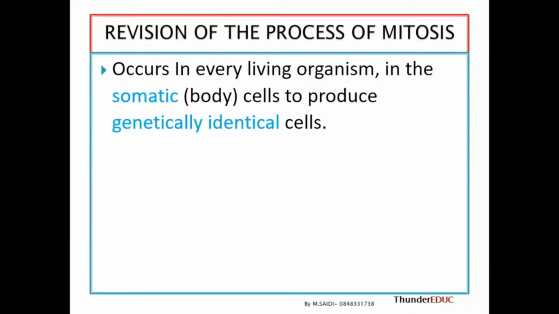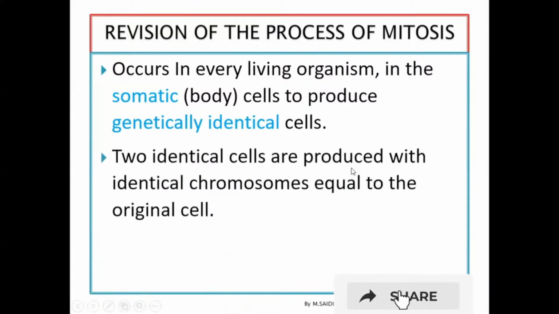Basically, why do they do that? Because these cells undergo what you call mitosis. They are genetically identical. The meat from your bum is exactly the same as the meat from your face in terms of the genetic composition.